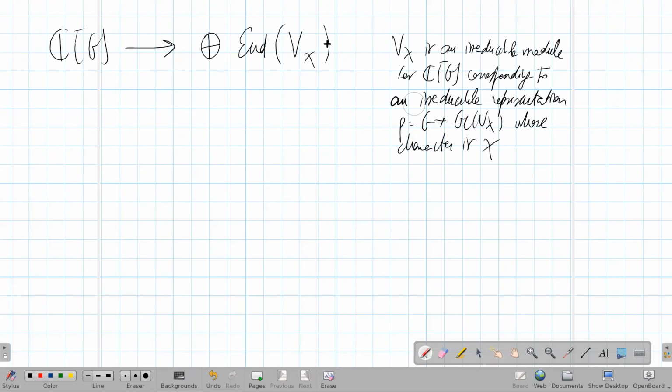Okay, so we use as a parameter the character. So chi ranges over all irreducible characters of G.